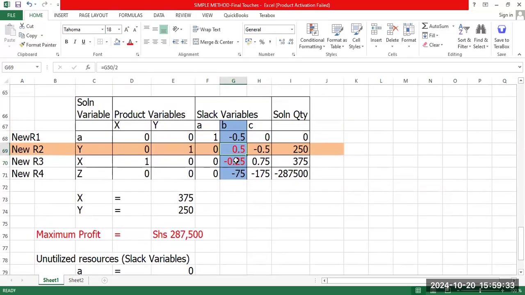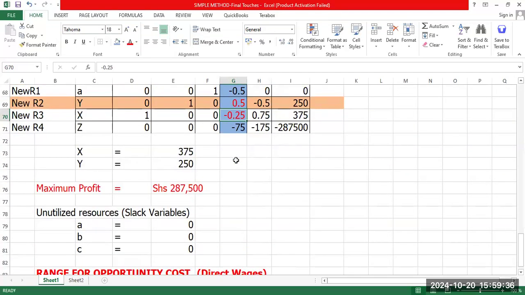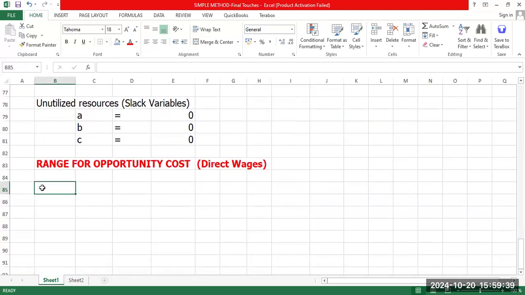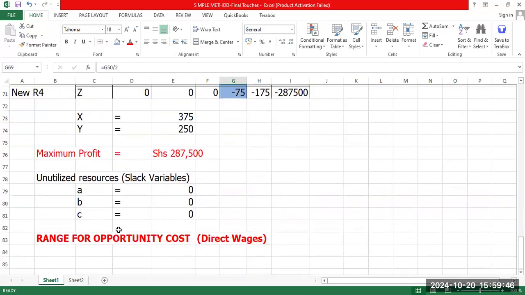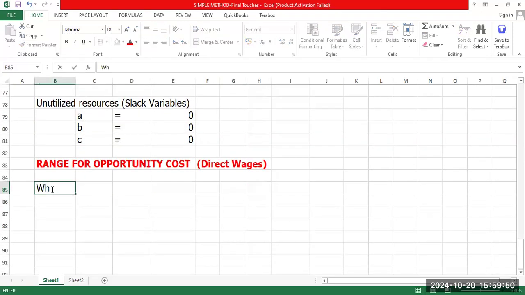Once you know where your focus is, the simple technique is, where you see a positive, that is an indication for a decrease.